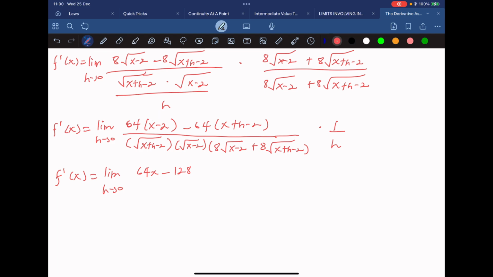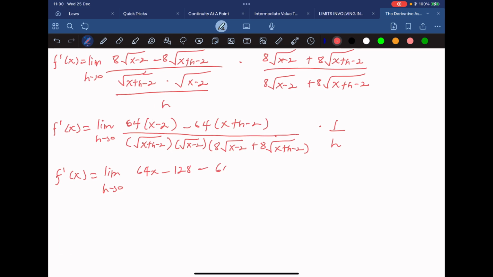So we have 128 here. Then we expand the second parenthesis, we have 64x minus 64h, then plus 128 out of the denominator.